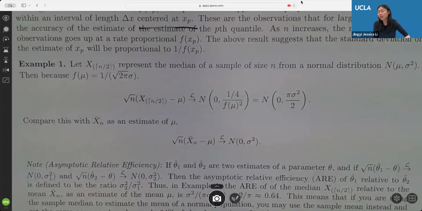This indicates something very important to think about: the efficiency of an estimator and the possibility of model misspecification. Essentially, when the model is correctly specified, the sample mean is more efficient than the sample median. But people also say the sample median is more robust. Robust in the sense of what? In the sense of model misspecification. In particular, the median is more robust to the existence of outliers.